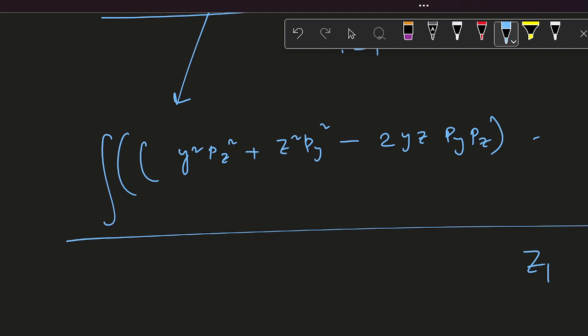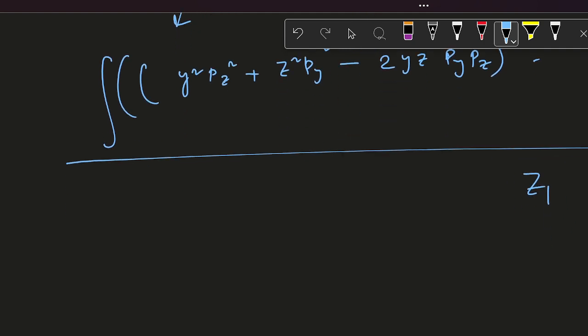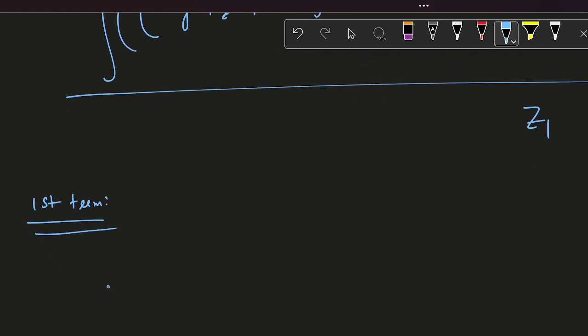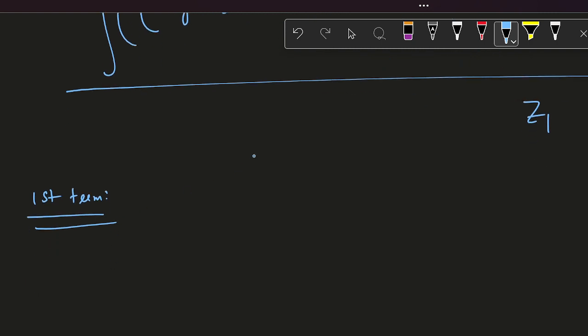Let us first take the first term. The first term is y squared pz squared, whose integral you have to take. This is just 1 by z1, because z1 comes in the denominator, times y squared. Let us put pz squared aside for now and focus only on the terms in y.